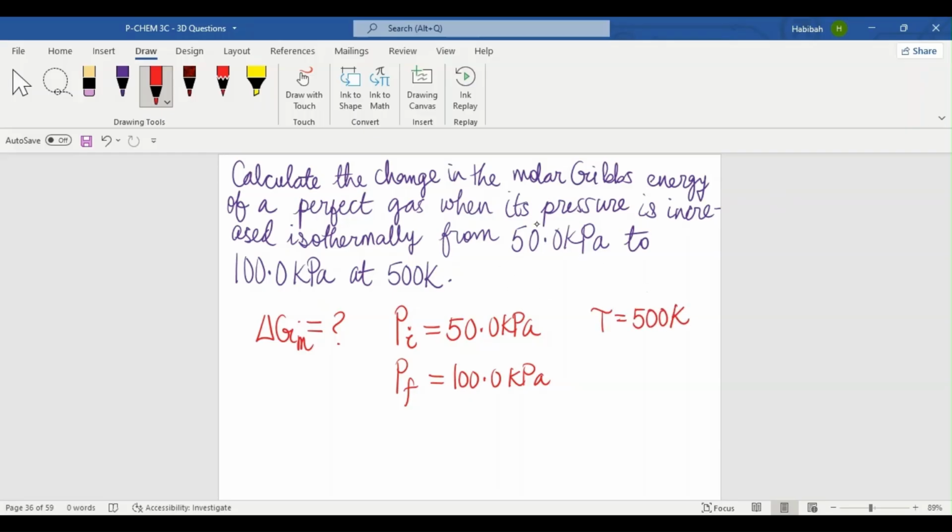So I wanted to quickly mention that this is an isothermal question where there's a pressure increase. So the change in temperature is zero, or basically the temperature is constant throughout the entire process.